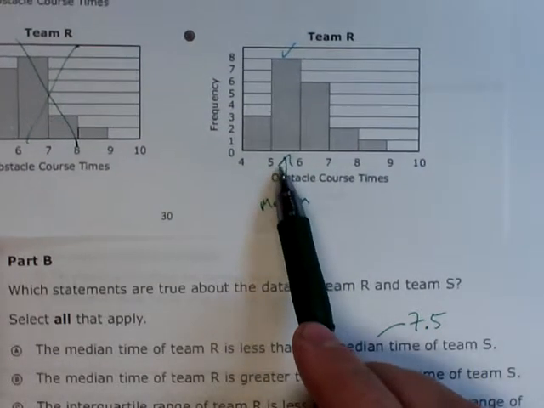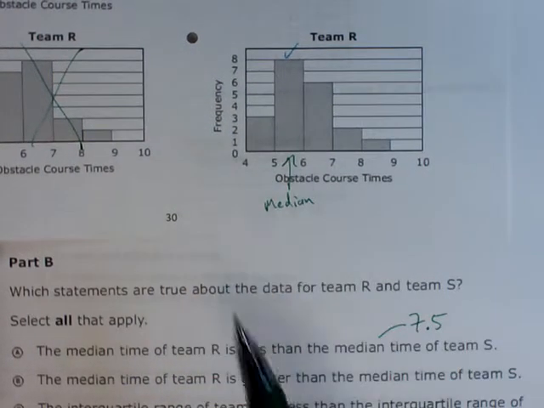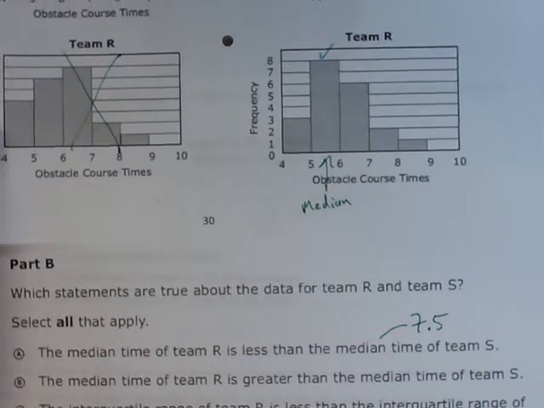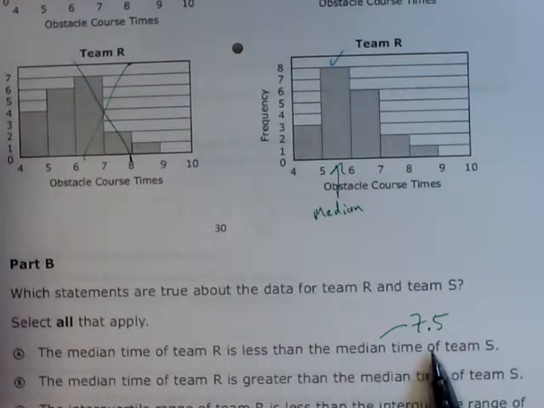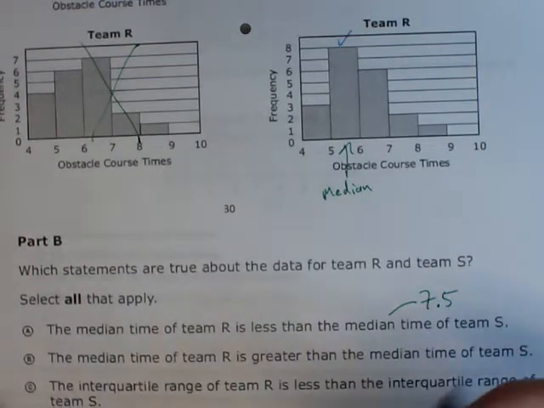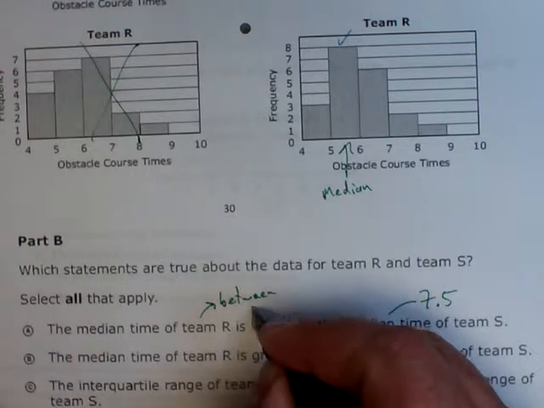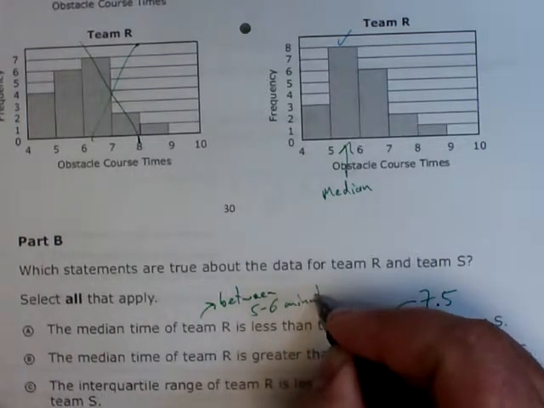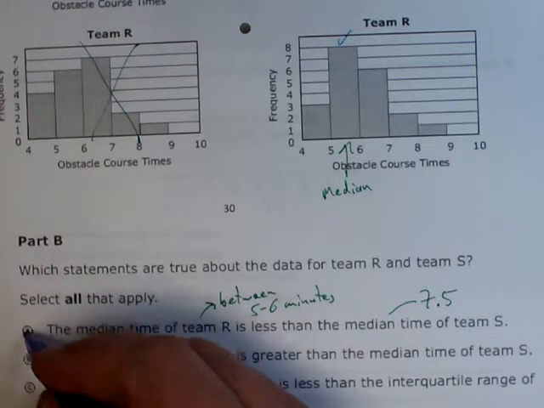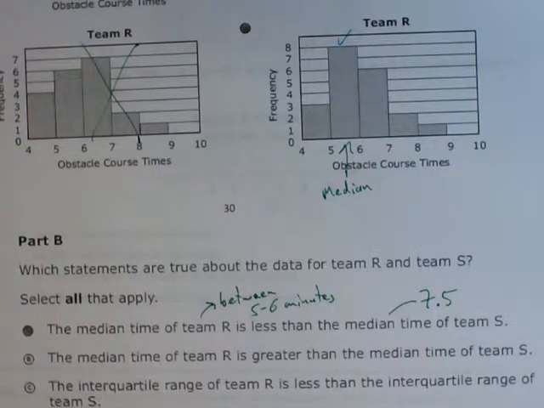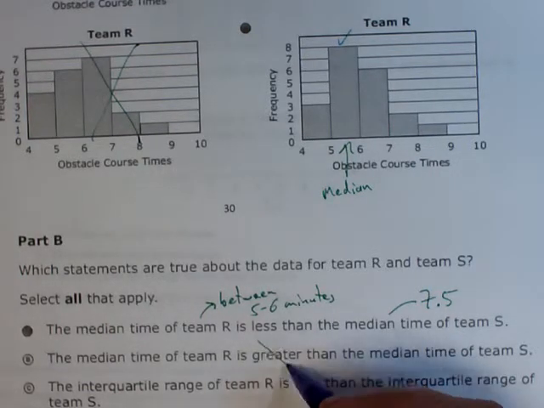But I know, just based on the fact that there's 20 data points, the median is somewhere between 5 and 6 minutes, which is less than the median time of team S. The median time of team R is less than the median time of team S. That is true, because this is between 5 to 6 minutes. The median time of team R is greater than the median time of team S. Well, that's not true if A is true.